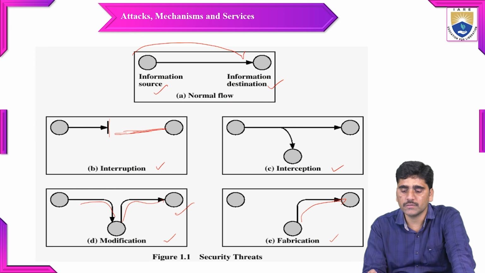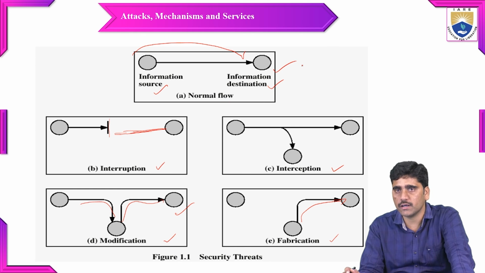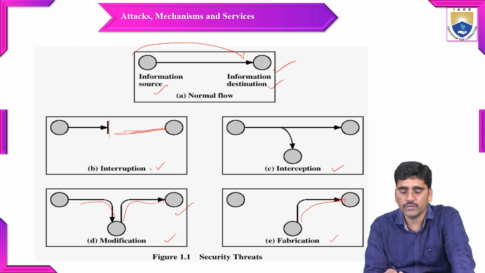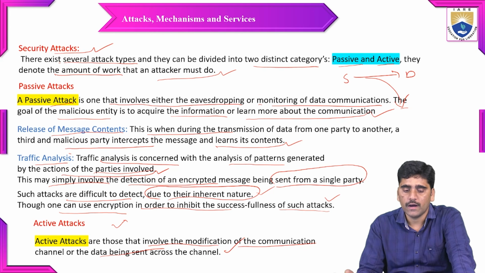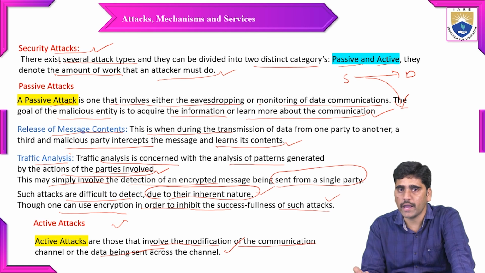These diagrams show the normal flow of data from source to destination, and the interrupted data, where the attacker plays as a third party and modifies, monitors, or interferes in between the transmission. So these are interruption, interception, modification, and fabrication. There are different types of attacks: passive attacks and active attacks.